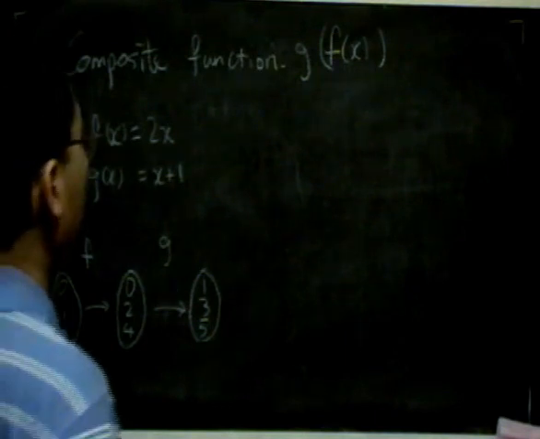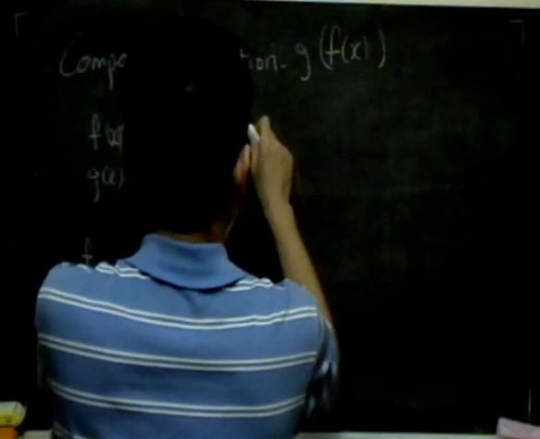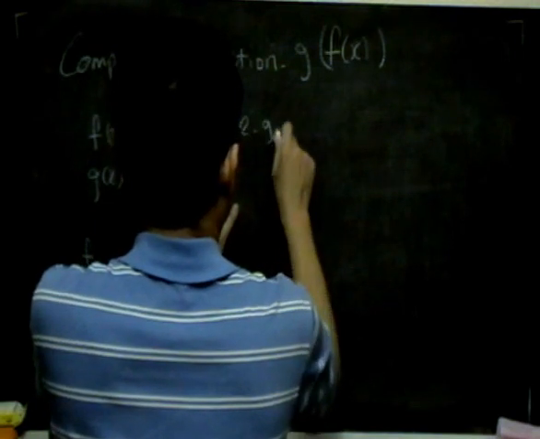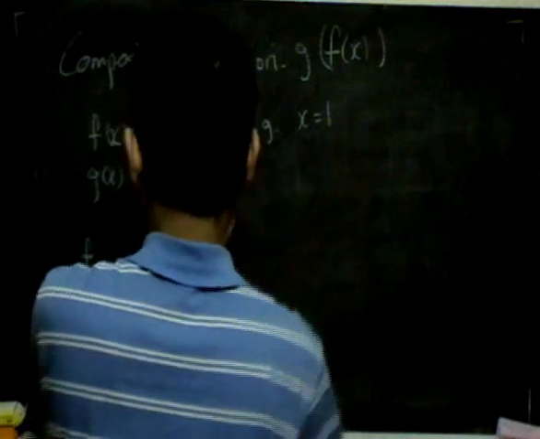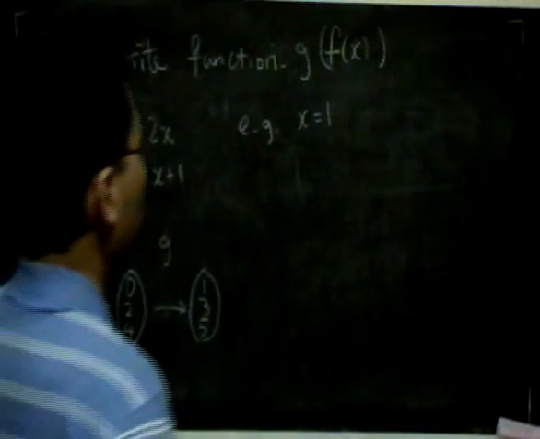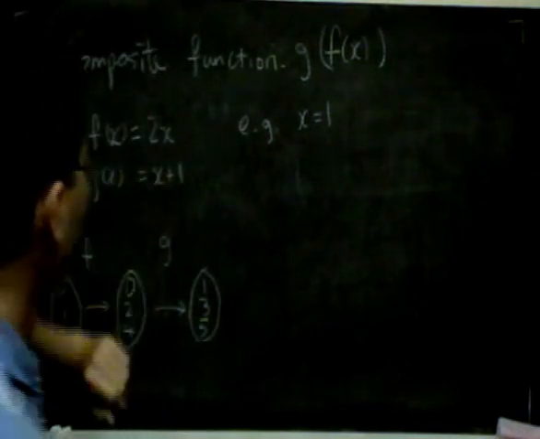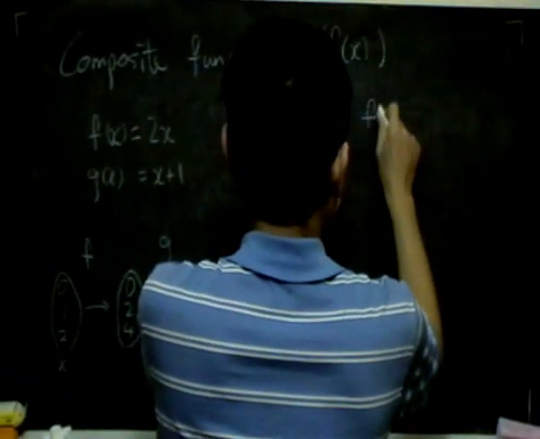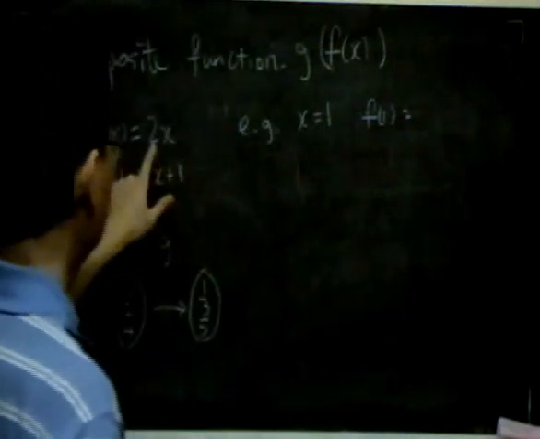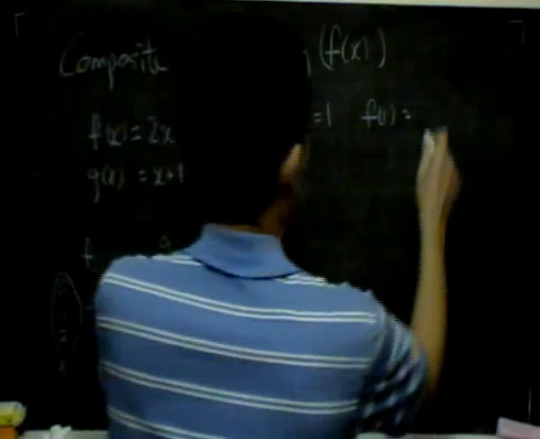So just as an example, to see what this means, let's say when x is equal to 1, we know that if we apply this, f of 1 is equal to 2 times 1, which is 2.